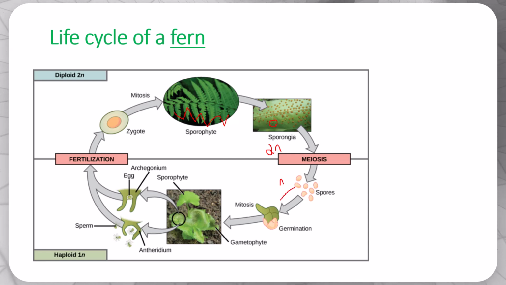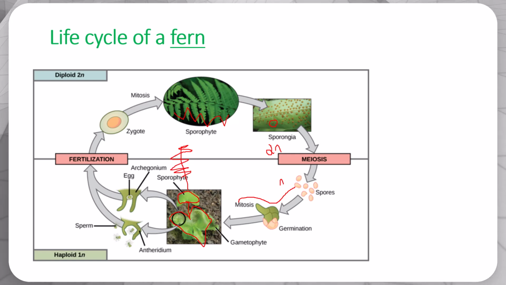Those haploid spores grow up by mitosis to produce a multicellular gametophyte generation. In this case, this heart-shaped structure is the gametophyte generation. This other part in this picture here is the sporophyte that'll grow up into the leafy looking fern there. There's my art.